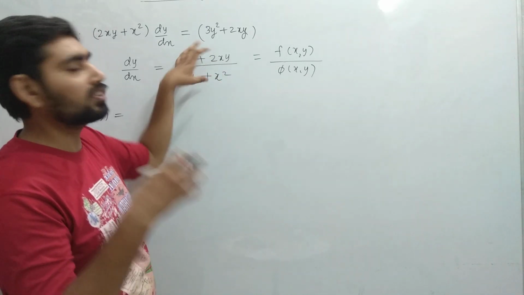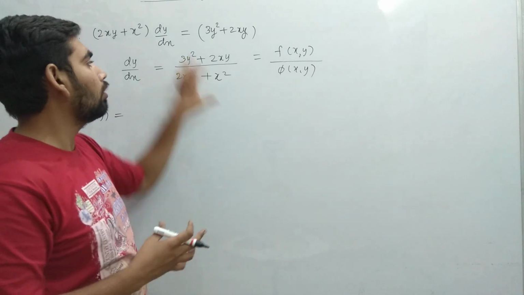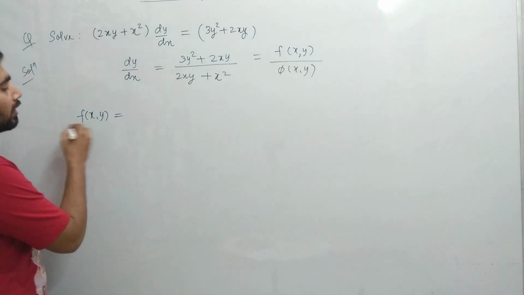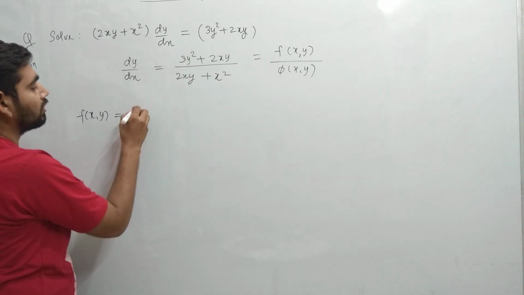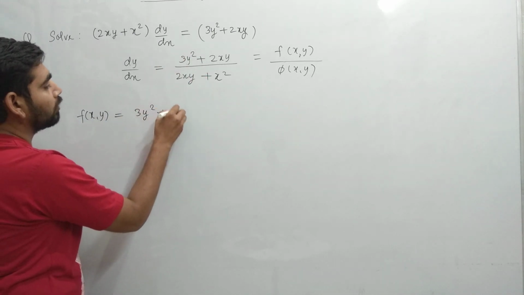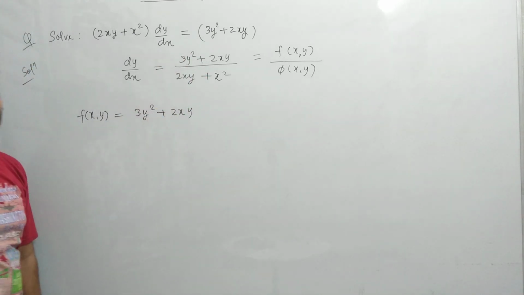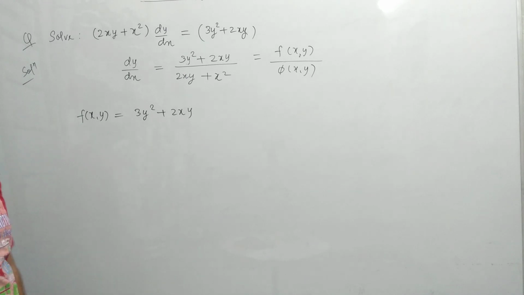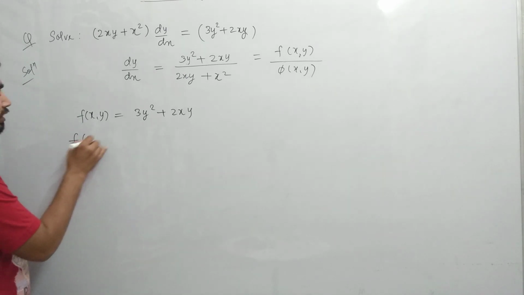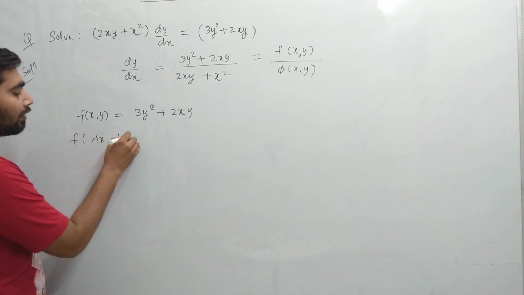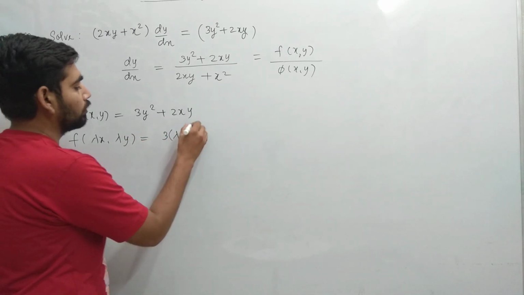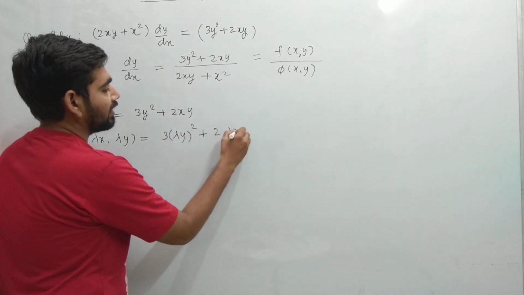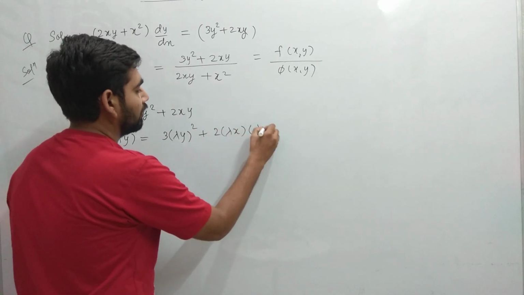So both the functions are homogeneous and have degree 2, or you can also check it by replacing x with λx and y with λy. The function f(x,y) is 3y² + 2xy. To check whether it is homogeneous and what its degree is, we replace x with λx and y with λy. Then it becomes 3(λy)² + 2(λx)(λy).